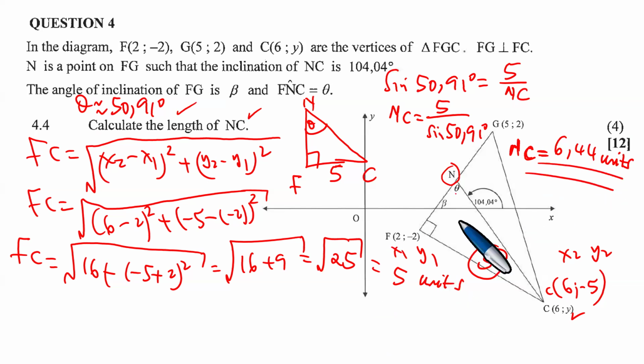But look at how we found it. To find the length of NC, another student can say, why don't you just use the distance formula? Obviously, we can use the distance formula, but the N coordinates are not known.